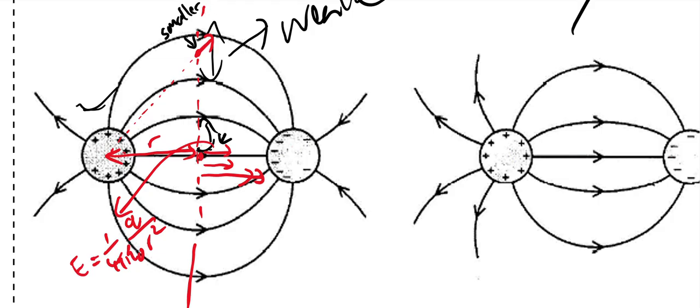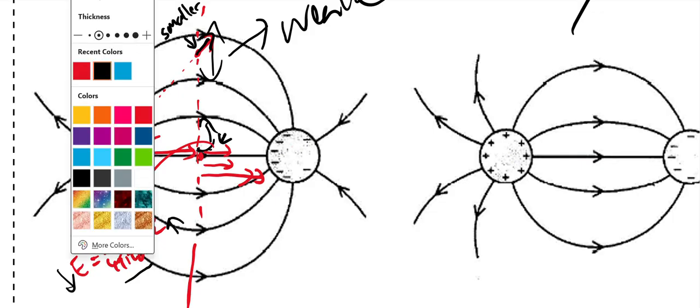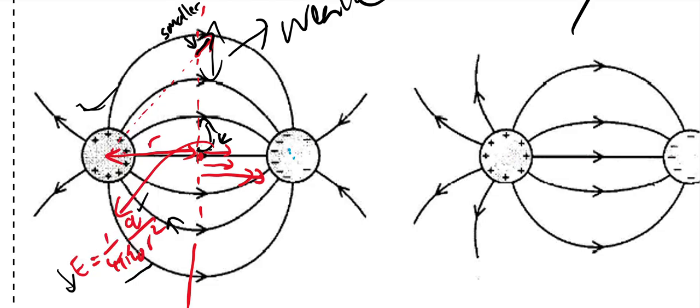Why? Because if you look at the formula, Q is the same because it's the same sphere. 1 over 4 pi epsilon naught is constant, but the R is bigger. If the R is bigger, what happens to E, the field strength? Smaller. So this vector is smaller. Then I look at the negative charge one. Again, I draw a dotted line like that.